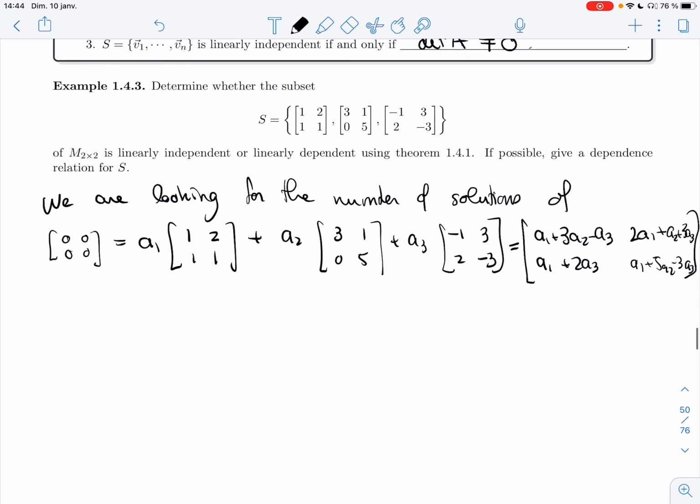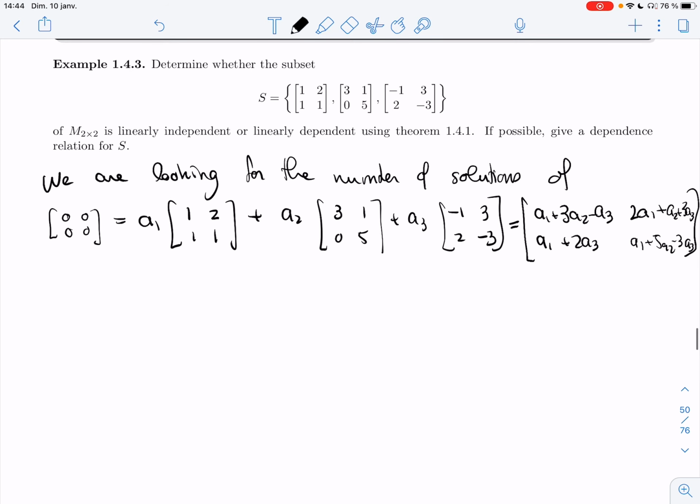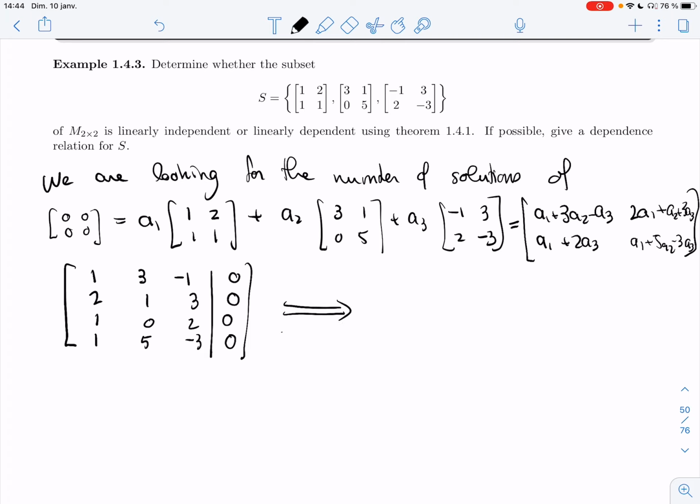Right, so I want to know when that's 0, that's going to give me a linear system. And if I put it in the matrix, the first equation is 1, 3, minus 1 equals 0. Second is 2, 1, 3 equals 0. 1, 0, 2 equals 0. And 1, 5, minus 3 equal 0 as well. All right, so let's reduce it.